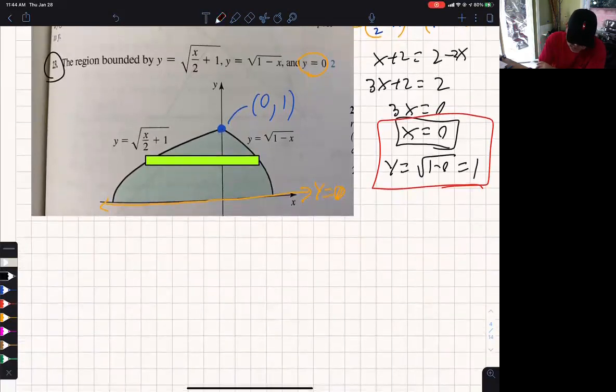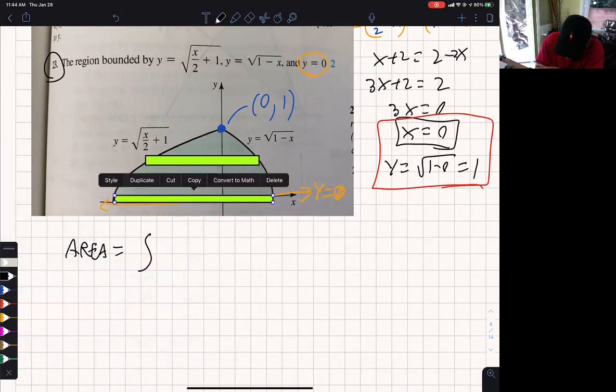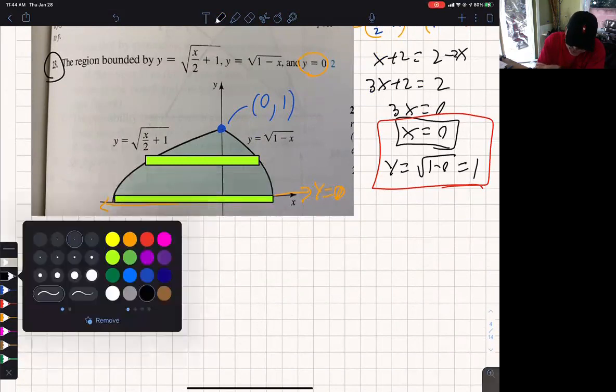Now we have to find the area. And to find the area, what do I do? I add up a bunch of stuff. How do I add it up? Integral. And where's my first rectangle? My first rectangle is going to be down here. There's my first rectangle. Where's my last rectangle going to be?